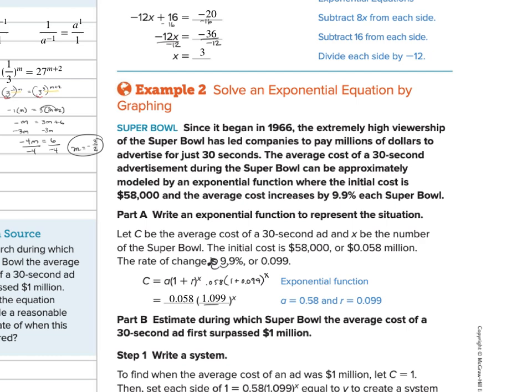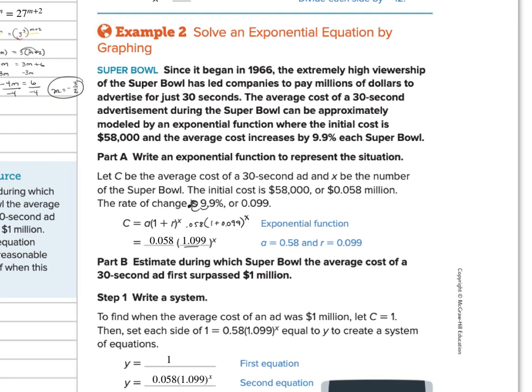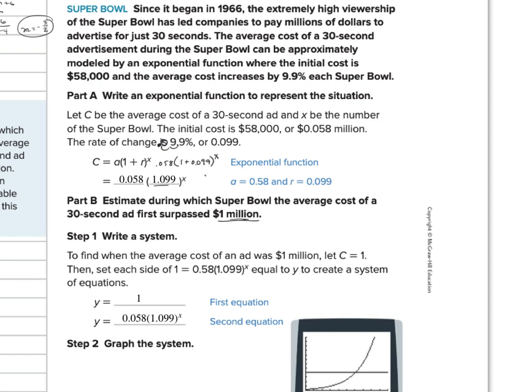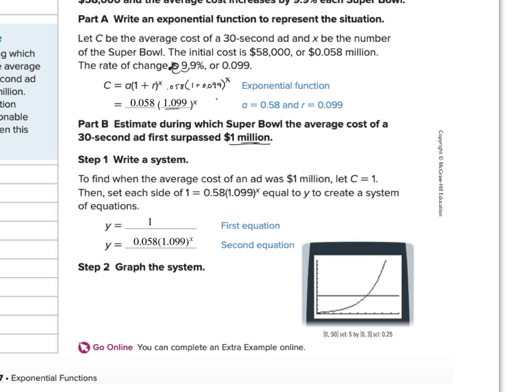Now, when we want to estimate, so this is my equation. What is going to be the average cost at first surpassed? When will it first go over $1 million? Now, this is where there's two different ways to do this, and I personally wouldn't do this method, but you can. 1 million, right?